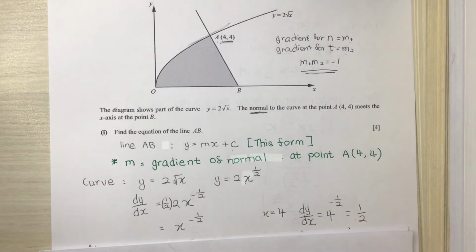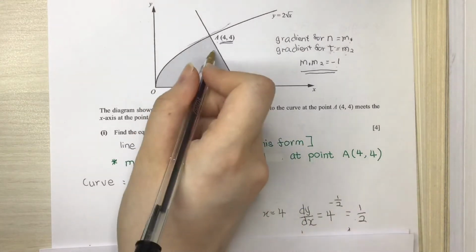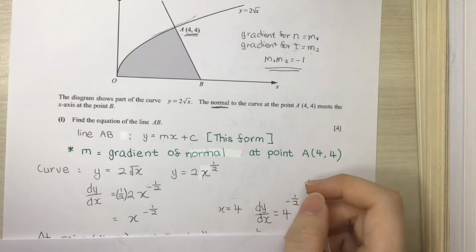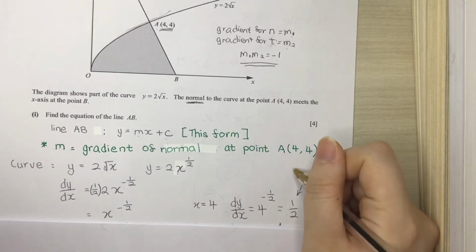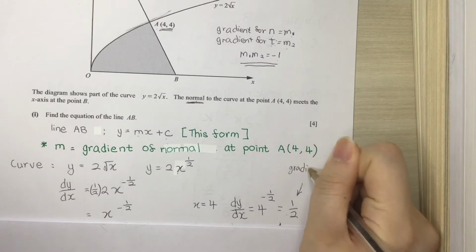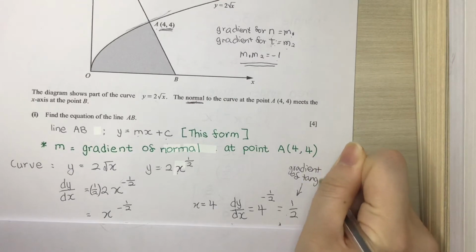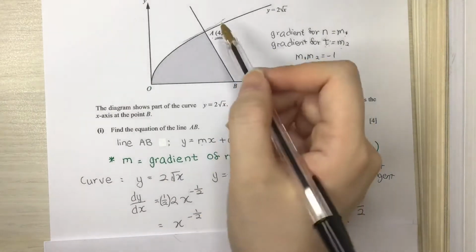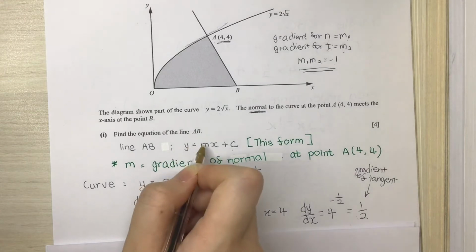And notice that this is not exactly equal to the m of the AB equation here, because AB is the normal to this curve. So it's good to write down that this is always the gradient of the tangent as well as the curve at this point. If AB were tangent to the curve, then this would directly equal the m, the gradient of AB, but in this case it's not.